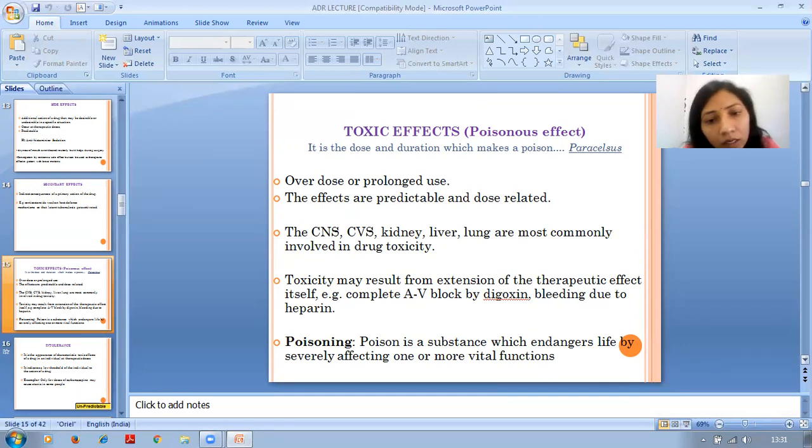Examples of toxic effects are complete AV block by digoxin or bleeding due to heparin, etc. Then poisoning. What is poison? Poison is a substance which endangers life by severely affecting one or more vital functions.